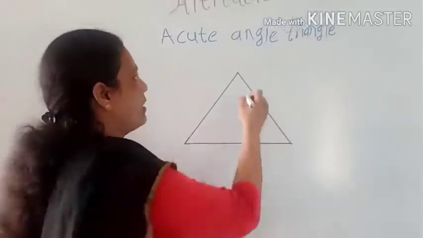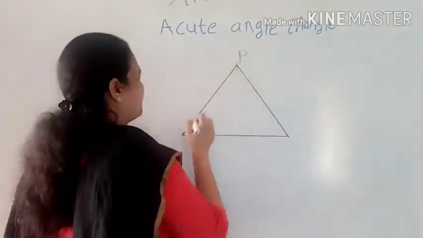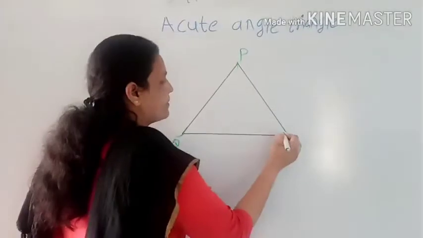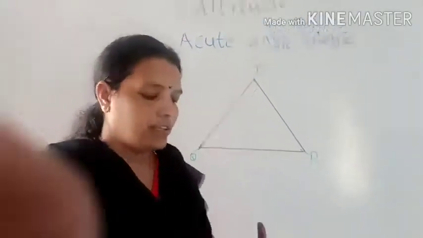So we took acute angle triangle PQR. Now we have to draw altitudes of it.